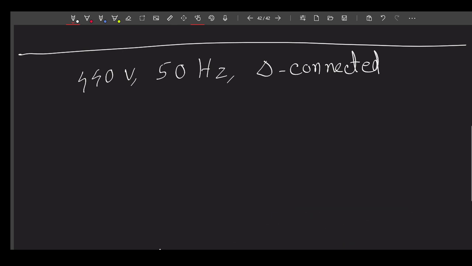So, a delta connected alternator, Xd is equal to 0.12 ohm, Xq is equal to 0.09 ohm per phase.